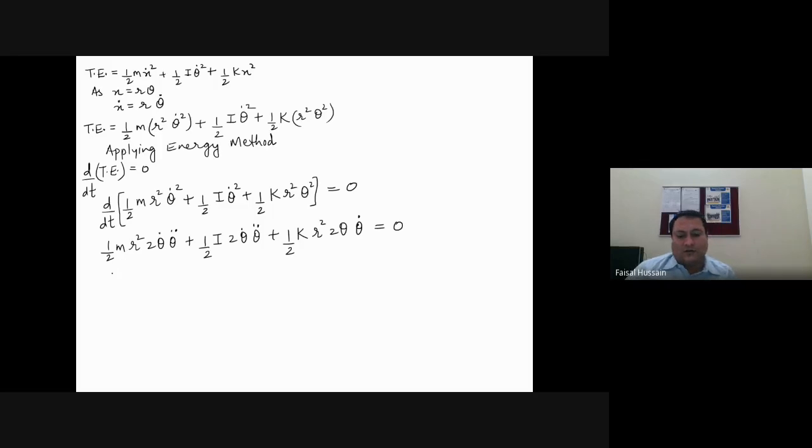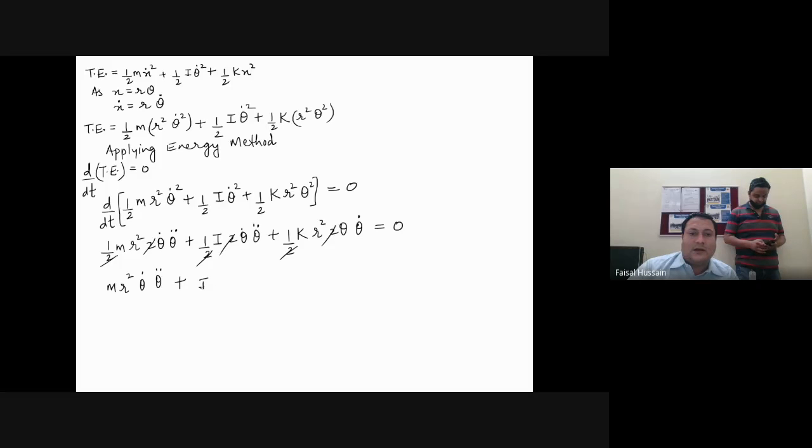0. So from here, 2 gets cancelled, 2 gets cancelled, 2 gets cancelled. So m r square theta dot theta double dot plus I theta dot theta double dot plus k r square theta theta dot will be equal to 0.